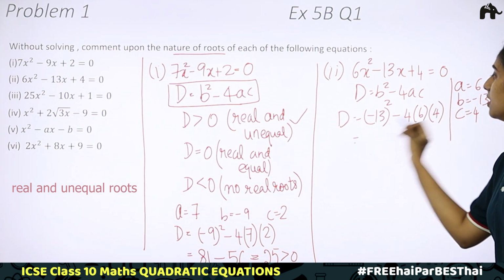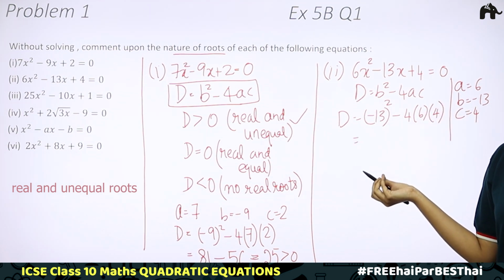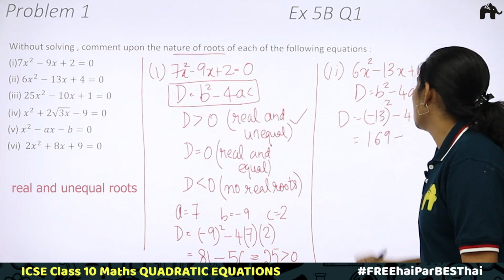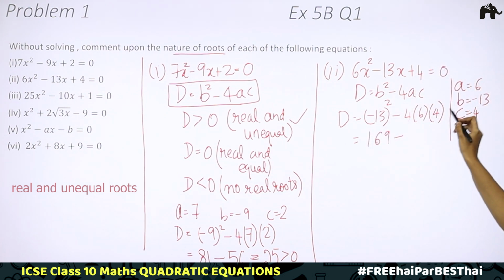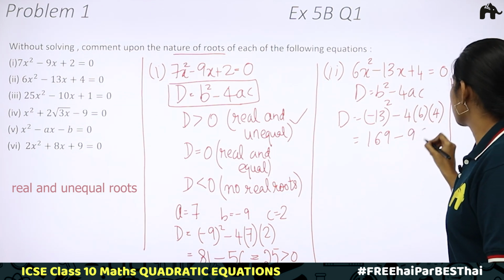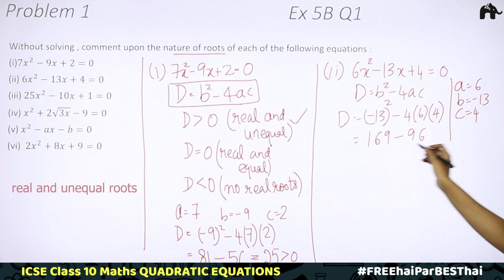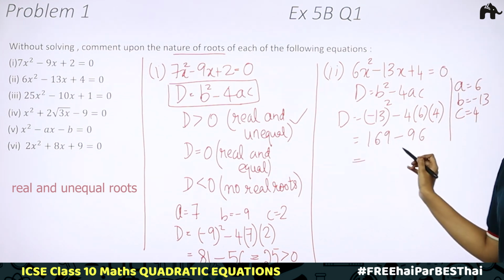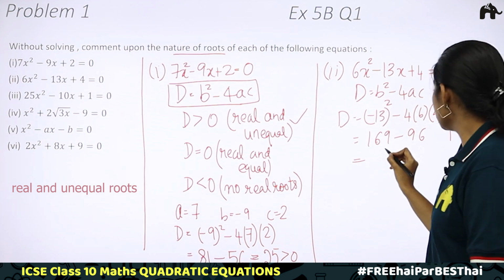What do you get? What is minus 13 square? 169. 169 minus 4 into 6 into 4. You will be getting 96. 169 minus 96, that is 73.